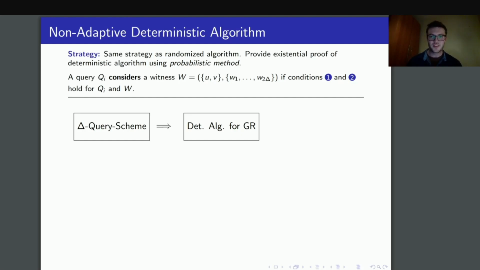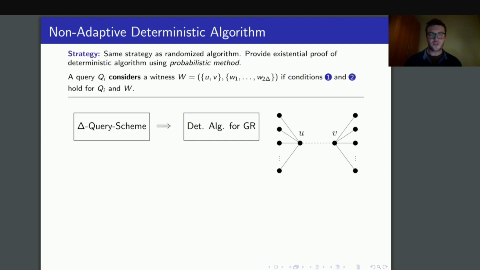And thus, our deterministic algorithm will observe all witnesses, proving that UV doesn't exist in the input graph. Because this applies to all non-edges in the input graph, we can conclude that our deterministic algorithm, comprised of all the queries that form a delta query scheme, must learn all the non-edges of the input graph, and by taking the complement of this set, it must learn all of the edges of the input graph.